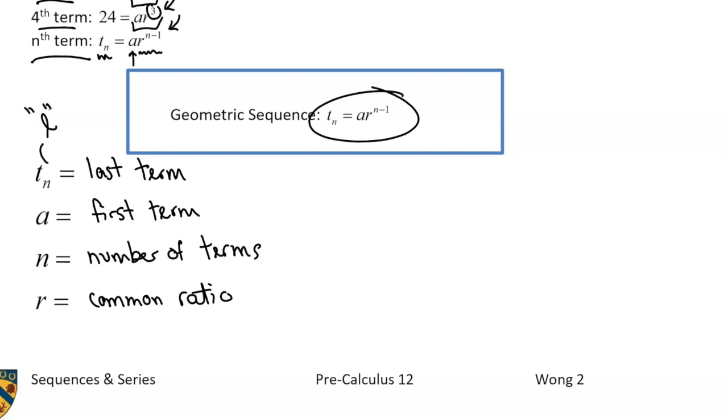And sometimes for the first term, instead of A, he may call it a1, and the term you're trying to find, he may call a sub n. So it's just a little bit different, but I think you'll find universally that t of n equals ar to the n minus 1 is something you're going to see a lot more often, and that's the way that we're going to refer to everything.